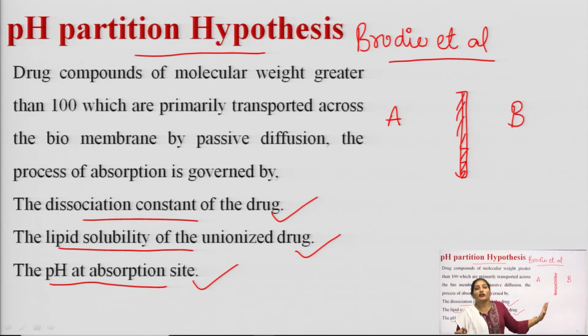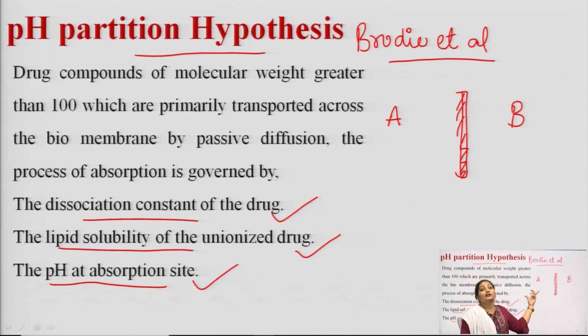In that case, the compartment at whose pH the drug gets more ionized will contain more of the drug. Suppose in compartment A the pH is such that our drug is in more ionized form, then this compartment will contain a larger amount of the drug.